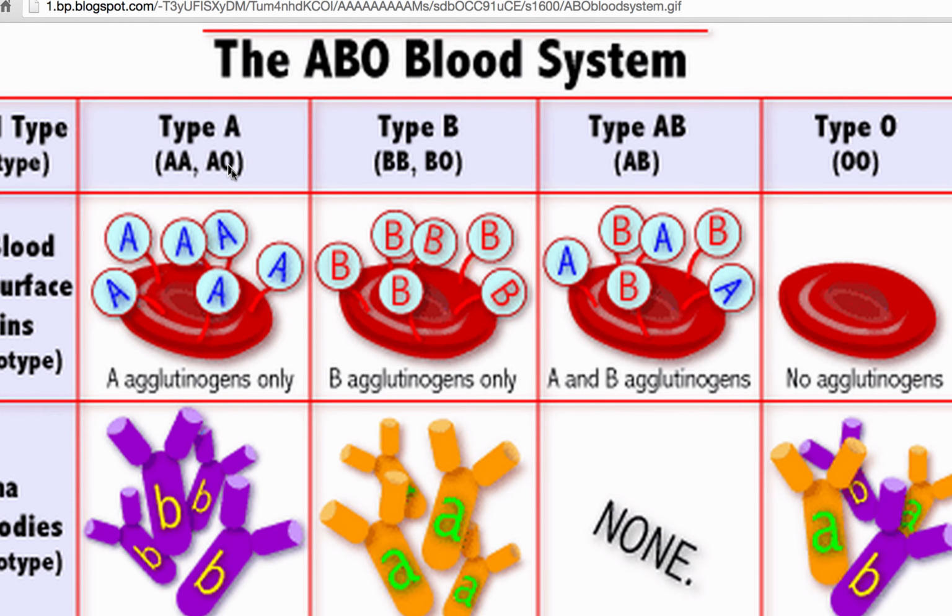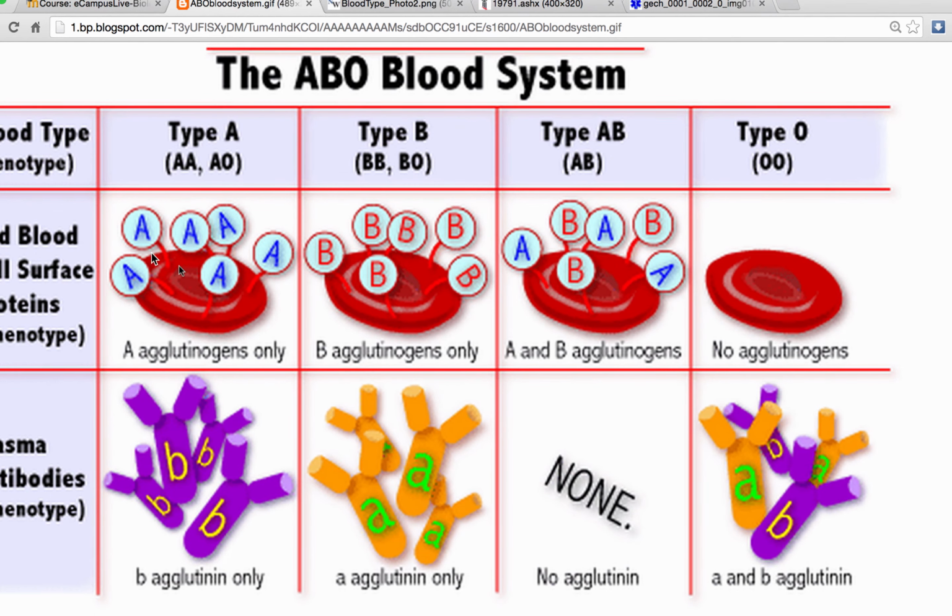It doesn't present anything. So basically your genes will express the type A blood type. So genetically, your genotype could be this, but your phenotype, or your physical expression of your genotype, you present as A. And it's the same thing with B.